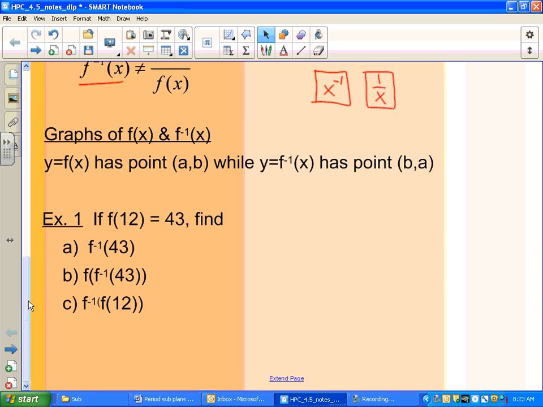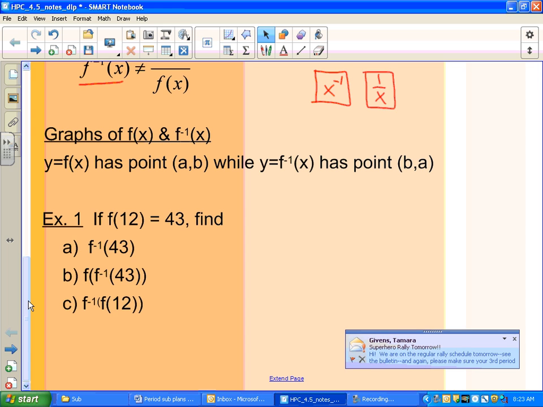The Fahrenheit and Celsius roles swapped when we went from one equation to the other. So this is probably the easier way to graph these reflections, which are inverses: if I know the original function coordinates, we can just swap them. The other way is sometimes our inverse functions will be a parent function that we're familiar with, and we can graph just from the parent function information as well.